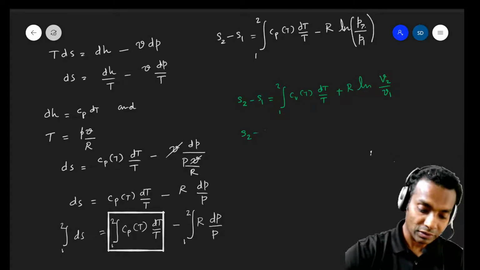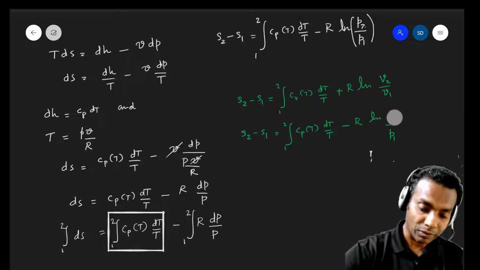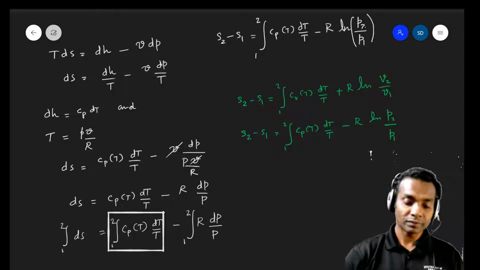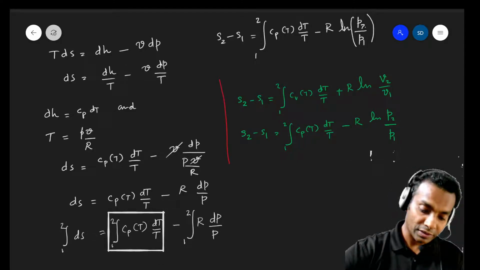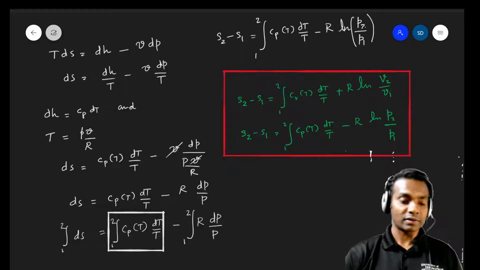The second one, S2 minus S1 equals the integral from 1 to 2 of cp(T) dT over T minus R natural log of P2 over P1. So these are the two equations that we can use to find the entropy change of an ideal gas.